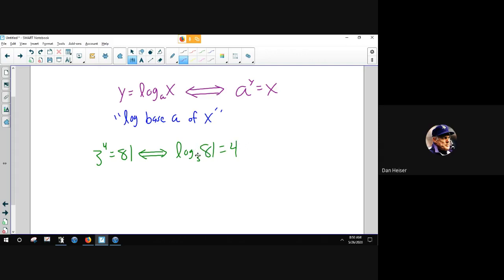A logarithm is equal to a power. A log equals an exponent. What is the power of this base that gives this result? 3 to some power is 81. That power is 4. And we can do that for all kinds of things. It doesn't have to be always nice numbers either.